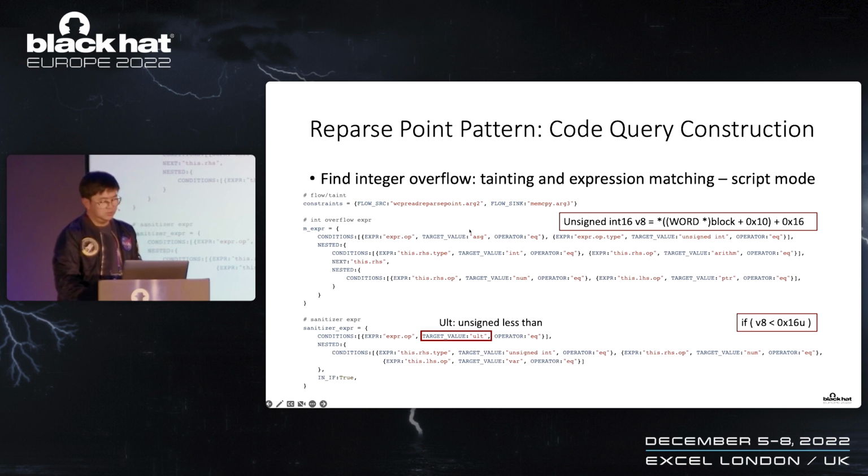The first expression is to search and match this line of code which has the integer overflow. You can see we will search for the assign operator, and check if there are an arithmetic operation and a number pointer. And we also have the sanitizer expression to find if there's an integer overflow length check.